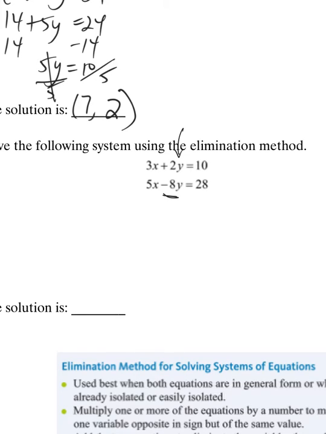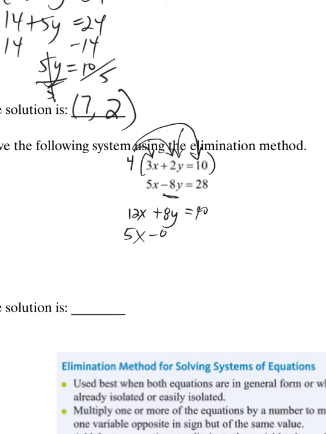So I'm going to have to rewrite this whole top equation, multiplying the entire equation by the number that would turn this into a positive 8y. I have to do this to each and every piece in order for it to remain equal to what it started off with. So 4 times 3x is 12x. 4 times 2y is 8y. 4 times 10 is 40.